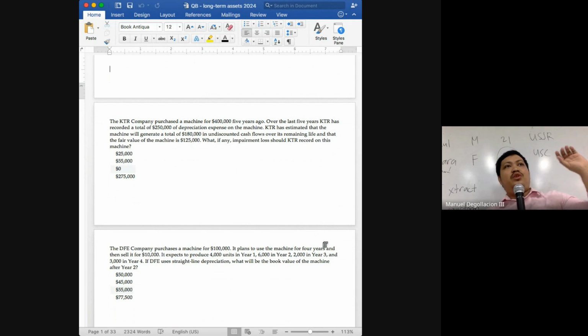So if the value in use is greater, if your recoverable amount is greater, if you continually use the asset than disposing the asset, then you should not decide to sell the asset. Okay? If you will be able to recover more in selling the asset, then you should not decide to continually use the asset. That is why under the standard, your recoverable amount will be the higher between the value in use and the fair value less cost to sell.